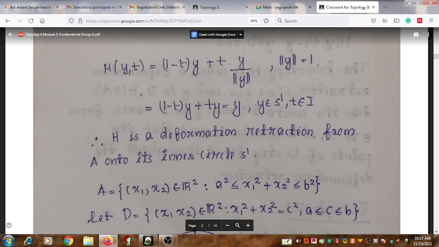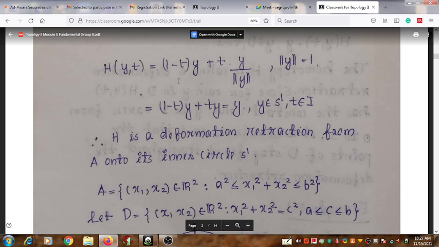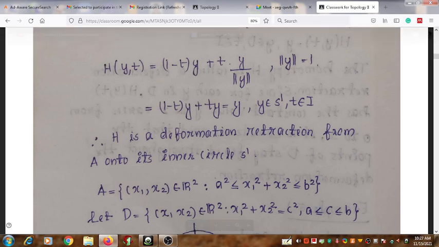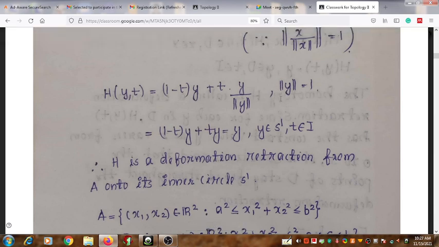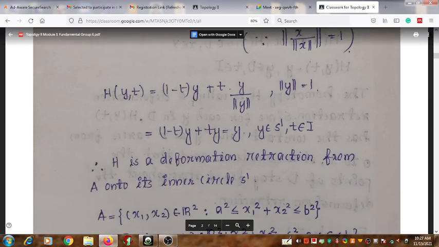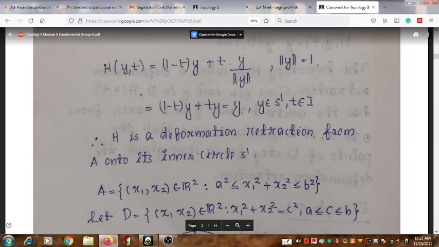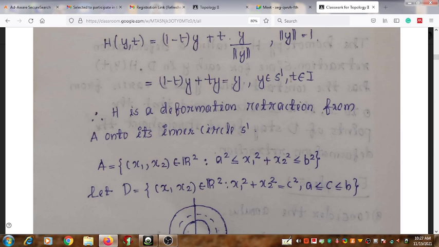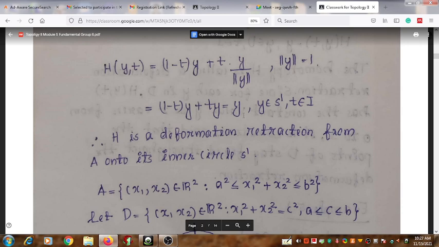Therefore when you substitute norm of y equal to 1 in this expression, we get (1 minus t) into y plus t into y, which reduces to y. Therefore whenever y belongs to S1, you get h(y, t) equal to y.